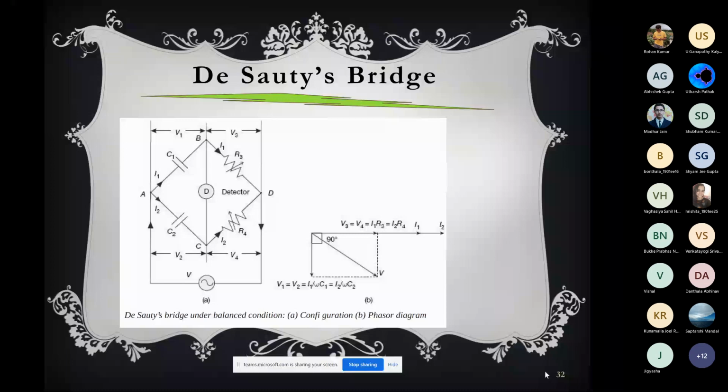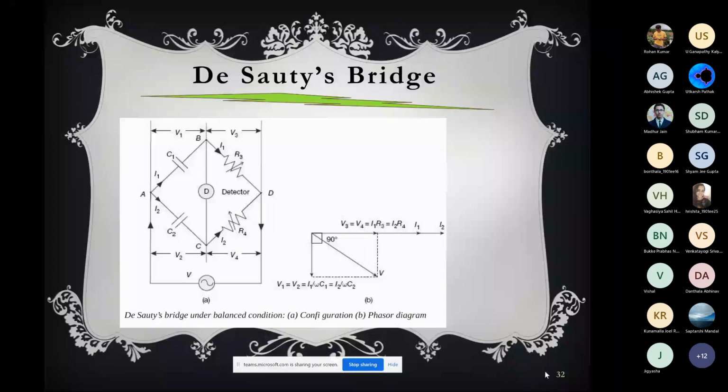I1 and I2 will be on the horizontal line, and V1 and V2 will be 90 degrees below, where V1 is I1 by omega C1 and V2 is I2 by omega C2. Now at the balance condition, it is very simple: 1 by j omega C1 by R3 equals 1 by j omega C2 by R4.